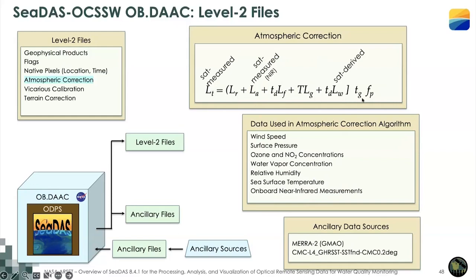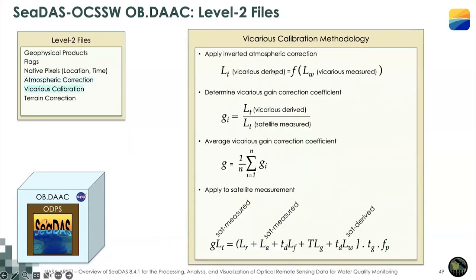You have all these parameters that can be derived using ancillary sources, the MERRA data, and for SST we have this source here, and you're backing out things like wind speed, ozone, concentrations. All of this goes into that. That's assessed through these ancillary data files to ultimately back out the result.